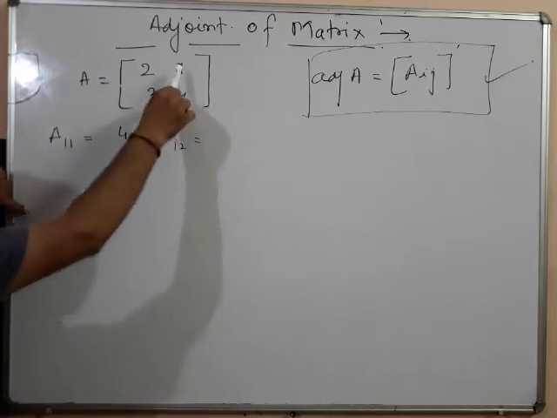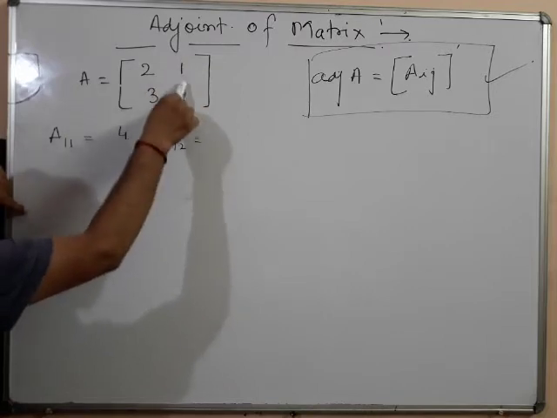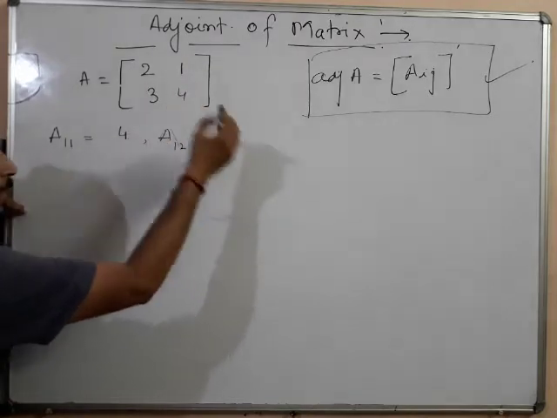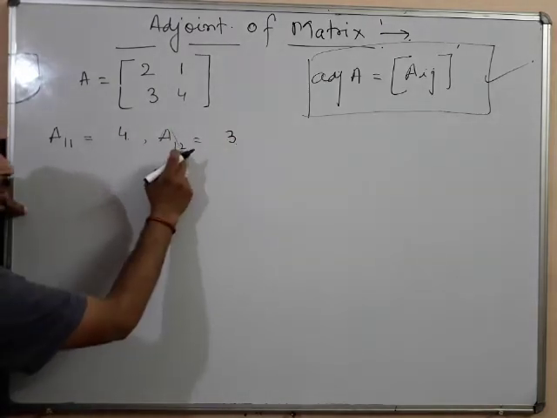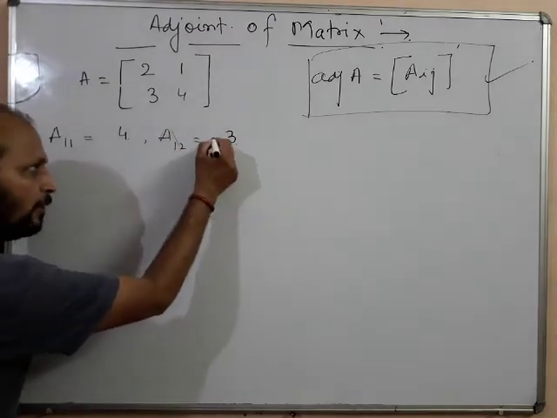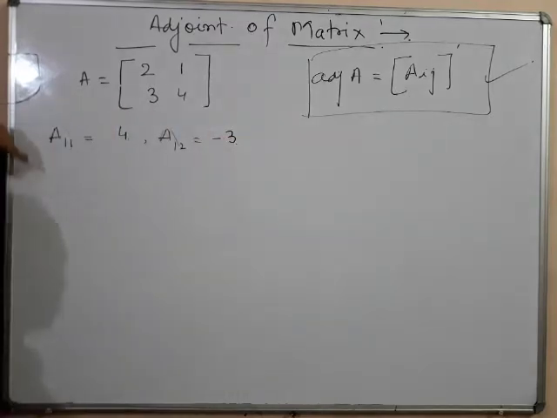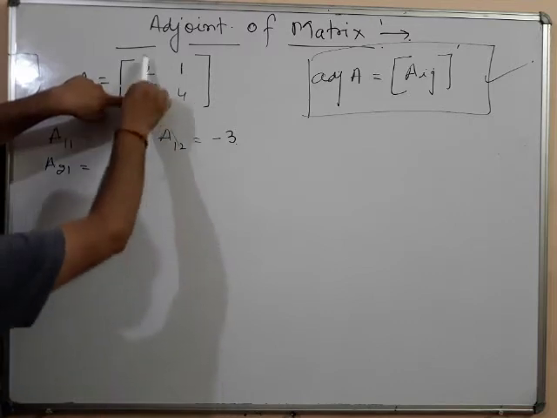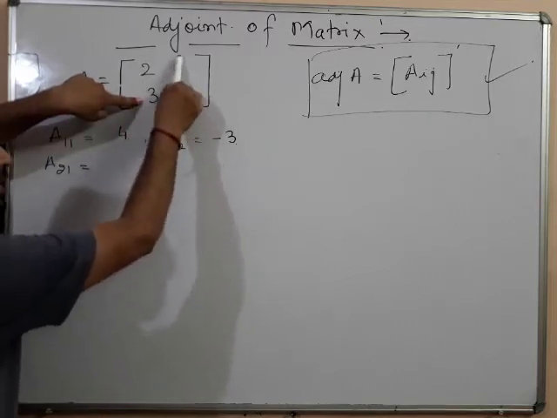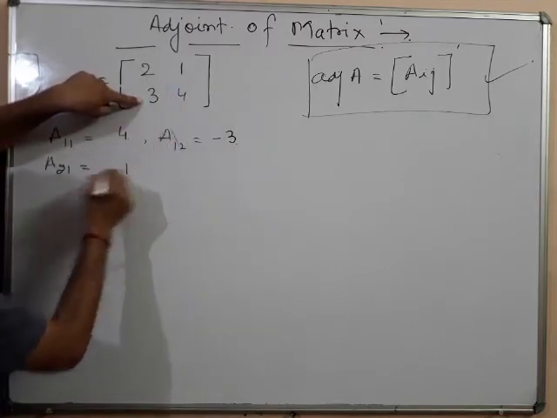Now A12: this row, this column, and that will be 3. What is the sum of these two? Odd. There will be a minus. Clear? A21, this position: this row and this column will be removed. That will be 1.